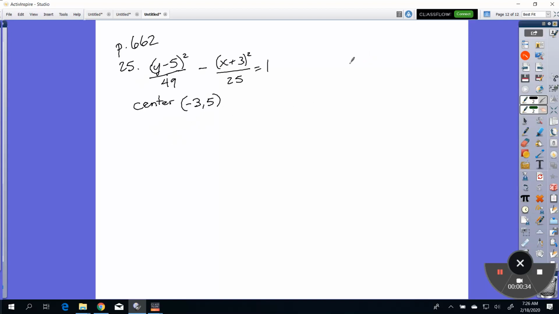So let's just start graphing that from there. Left 3, up 5.